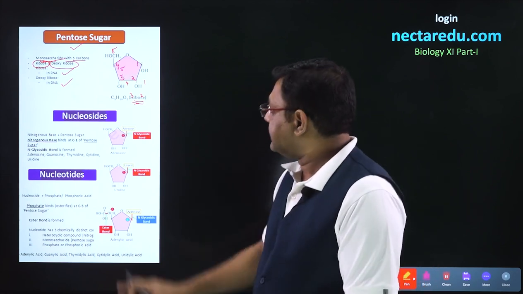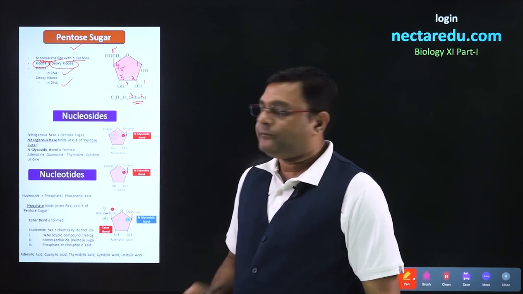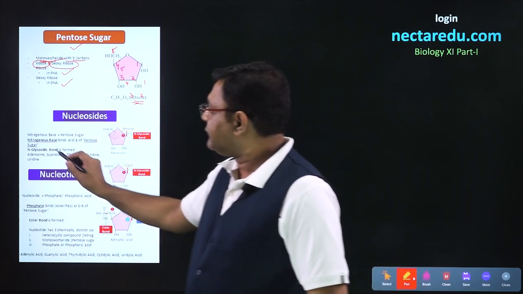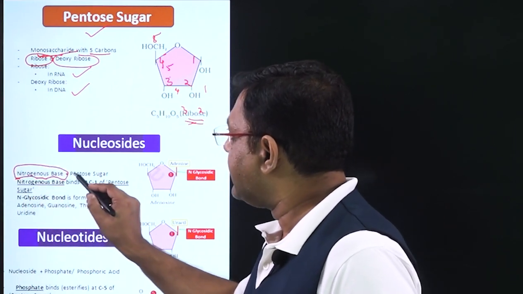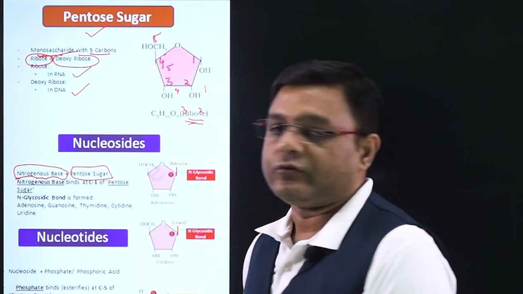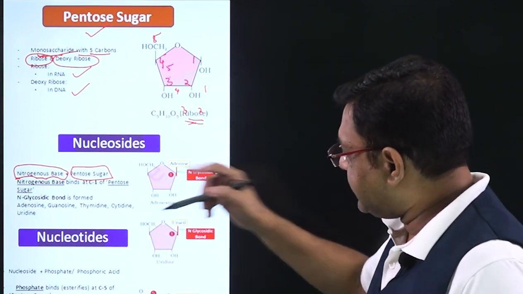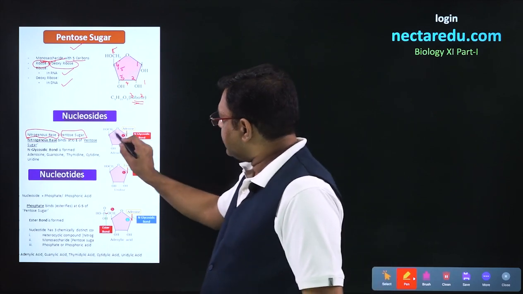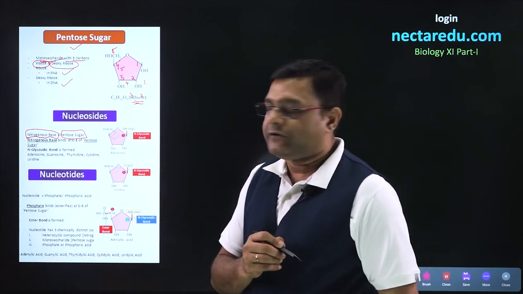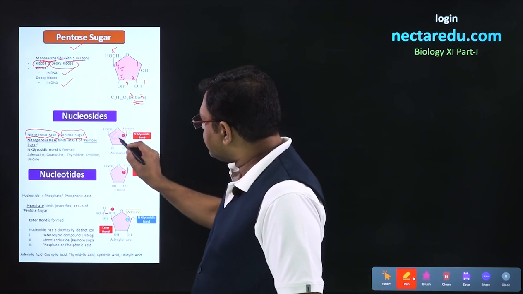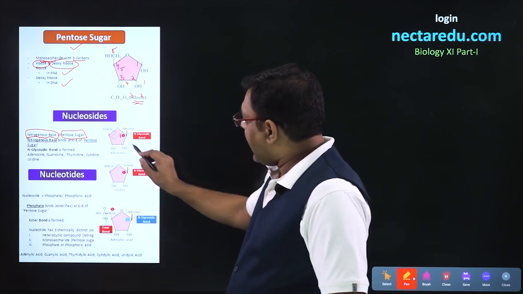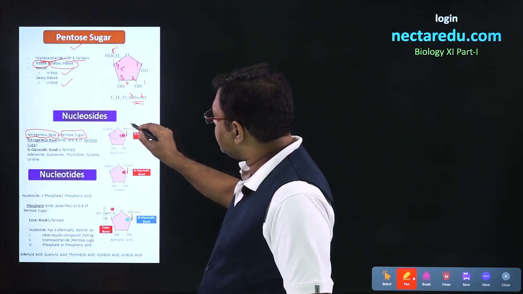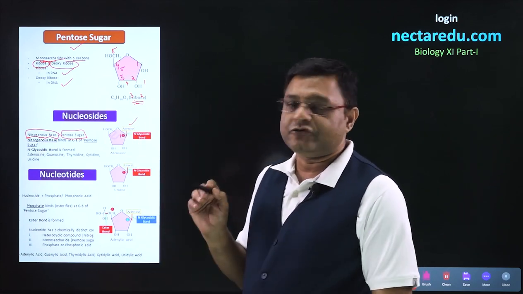Moving to the structure of nucleoside. A nucleoside is formed by the association or joining of a nitrogenous base and a pentose sugar. Seeing this structure, this is ribose. In this ribose, this was the first carbon that we had seen, and at the first carbon the nitrogenous base will come and join.